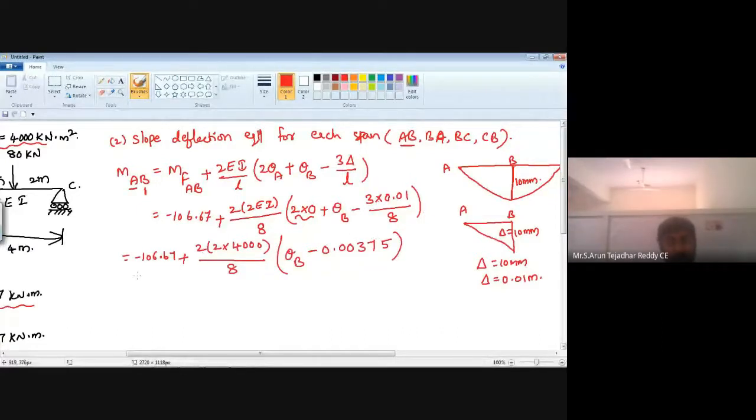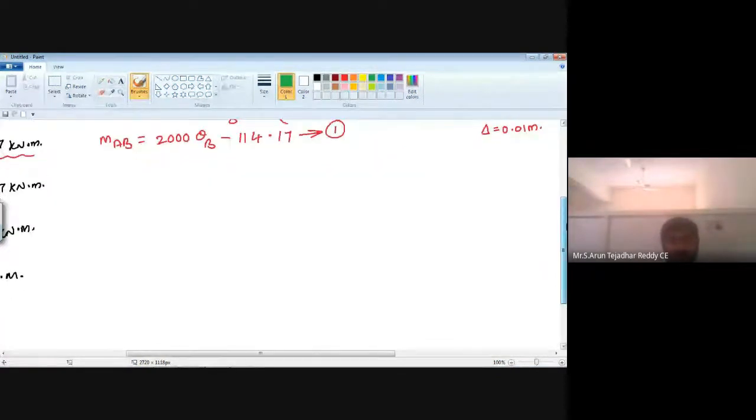Now all of you open your calculators and enter these values, then finally you will get MAB equal to 2000 theta B minus 114.17, equation number 1. That is equation number 1. So here MAB is completed.